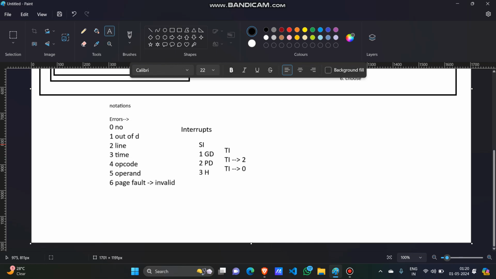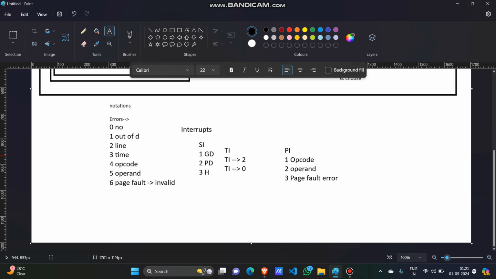And apart from this, we have program interrupt. In that case, we can have values 1, 2 and 3, where value 1 would have opcode error, value 2 would have operand error, value 3 would have page fault error, right?